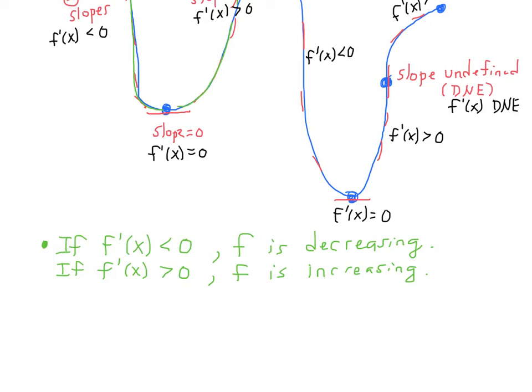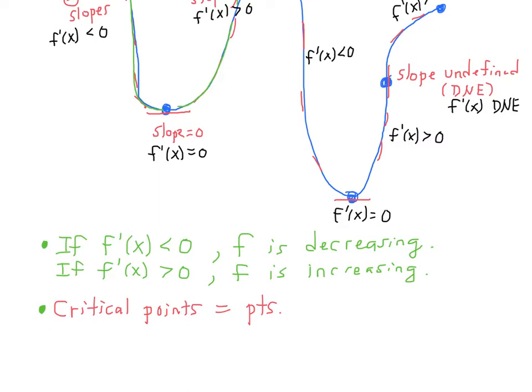So again, notice that we are using the derivative to tell us some information about the function f of x. All right, let's look at another concept. We're going to define something here. We're going to define critical points. All right, critical points are, and you have to know this definition. A lot of times you'll see questions that will ask you to determine the critical points.